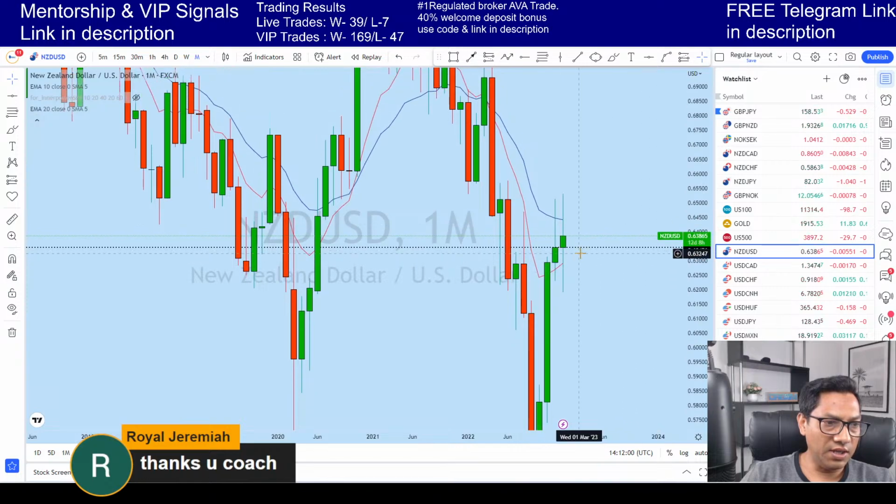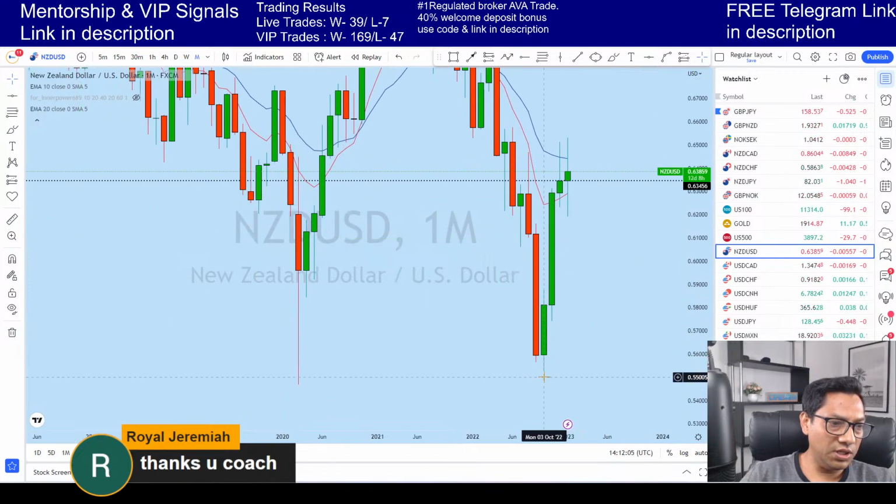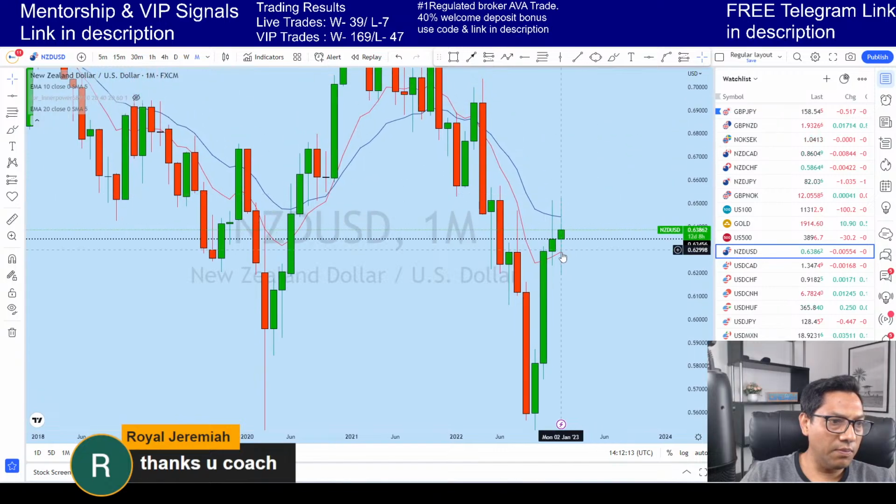This level is pretty important, and this market on NZD/USD is a long-term bull market. You can see from here there is a big impulse, and the price has broken the previous monthly low here, created an overextended market here, and then has gone up, right? Because the price has created an overextended market, we may expect a bullish move here. It's a long-term bull market.